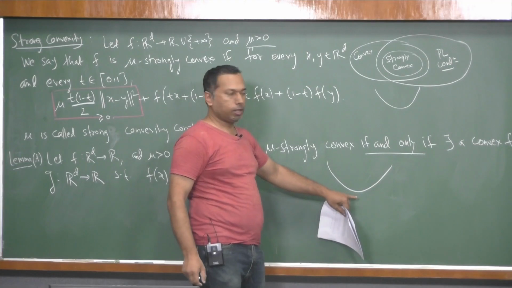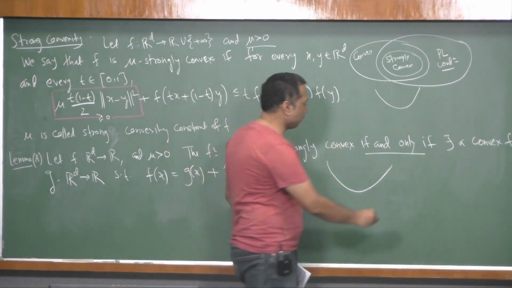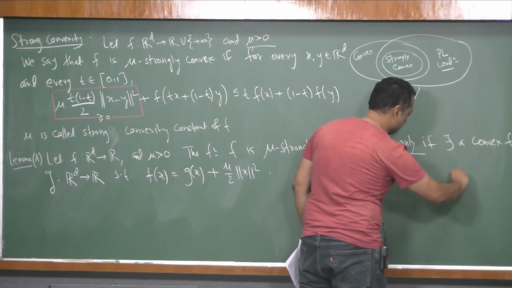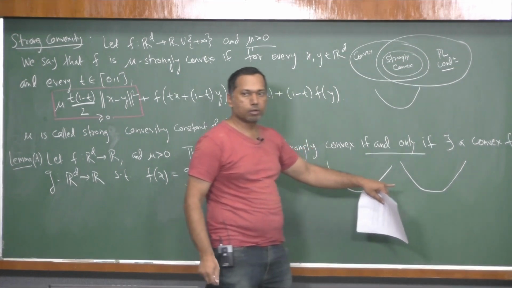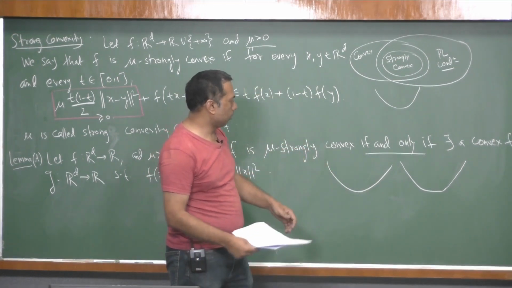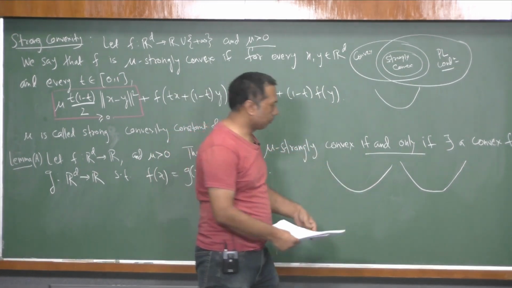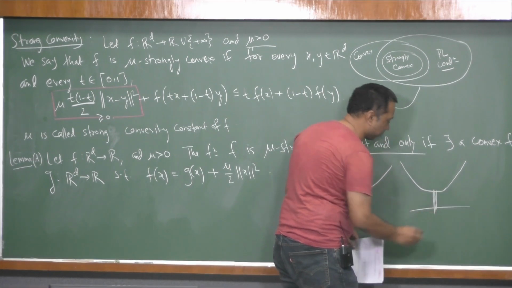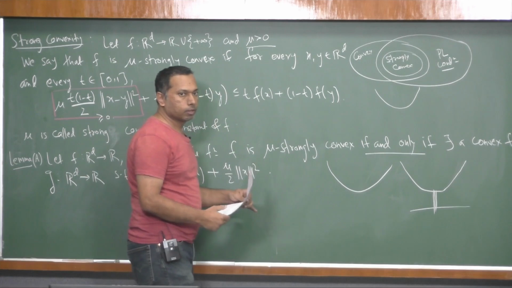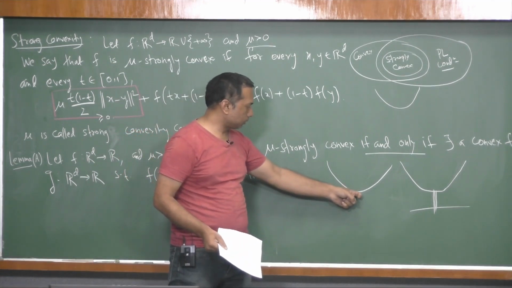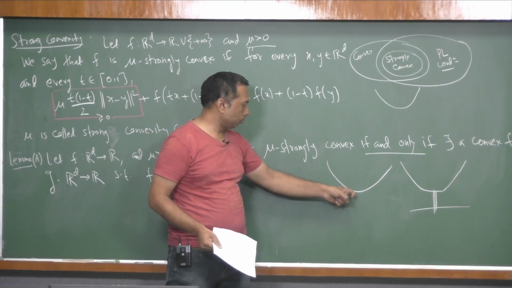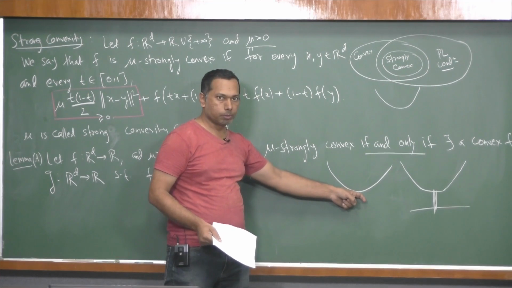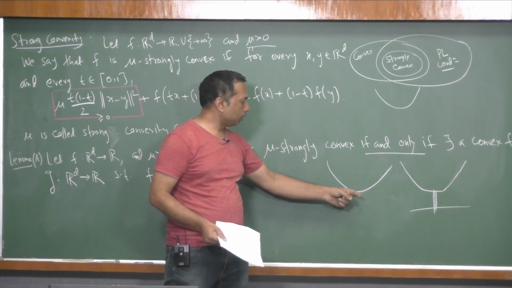And non-strictly convex means that it could be like this, all differentiable, whatever. But here I may have multiple minimizers, not unique. Strictness gives you uniqueness. It does not allow the curve to become flat at any minima.